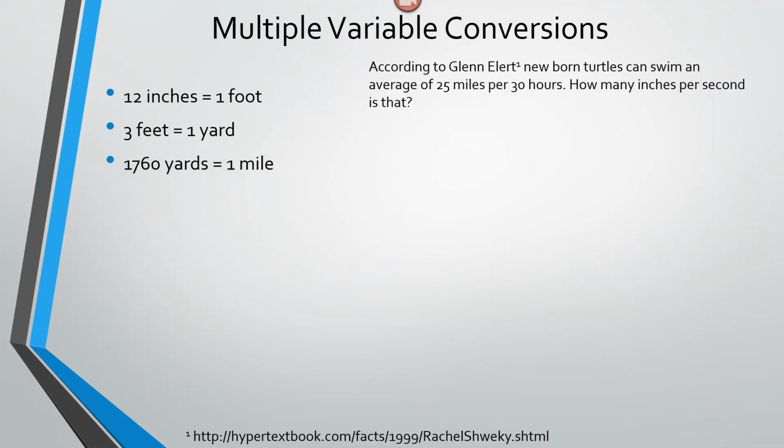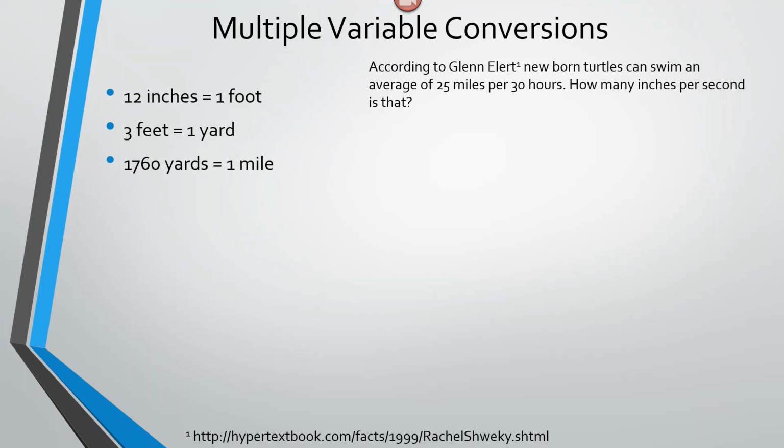Okay, so that's a simple conversion with one type of unit, but a lot of times we have more than one type of variable that we're going to use in units. So we have time that we've already dealt with.